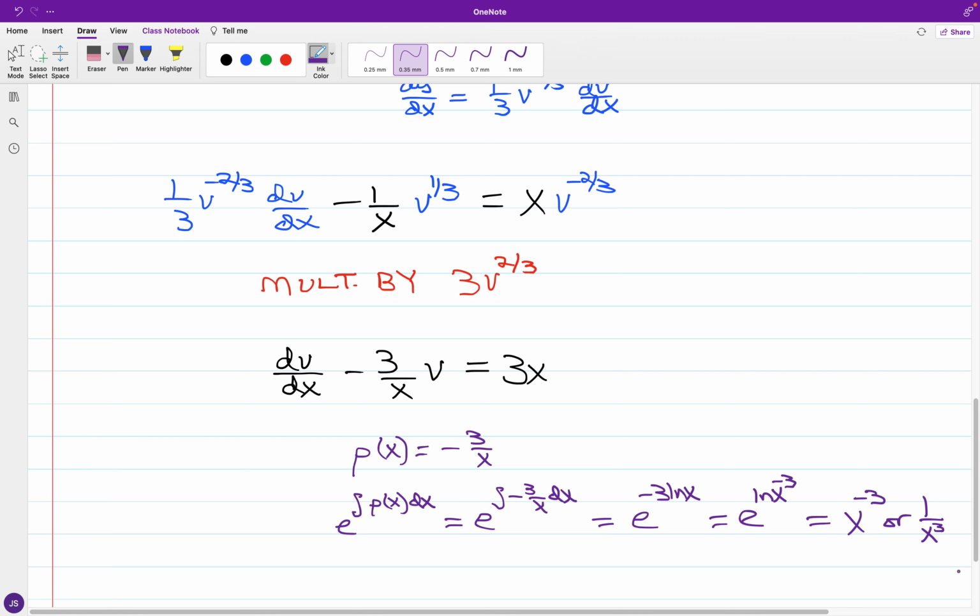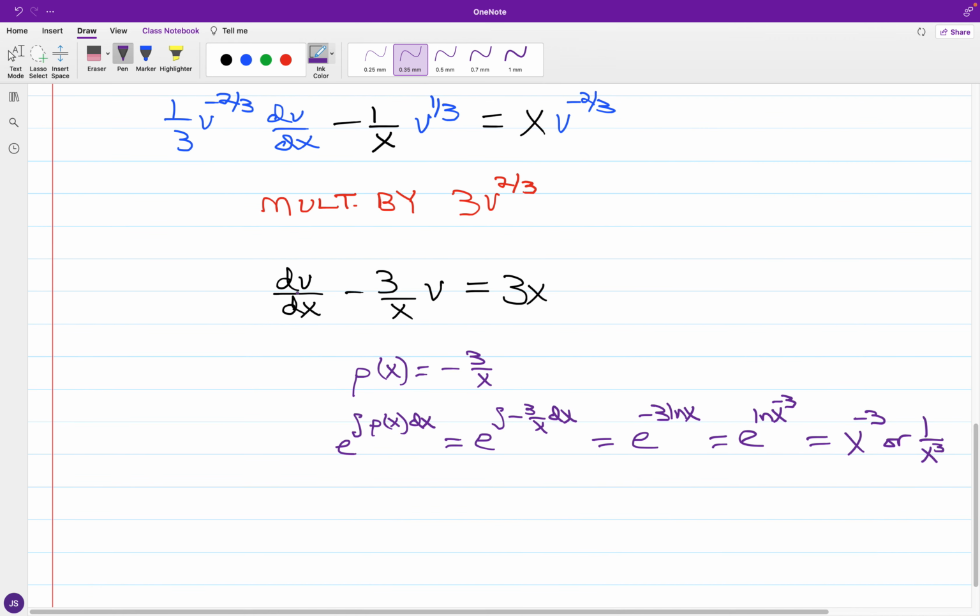And so taking what we have in the standard form in the substitution variable v, setting the stage, you have 1 over x cubed times the left-hand side. Do not worry about distributing. But for 1 over x cubed times 3x, that is going to become 3 over x squared.